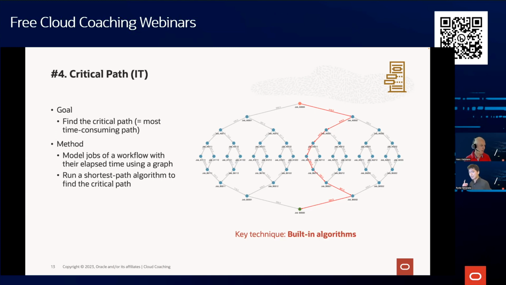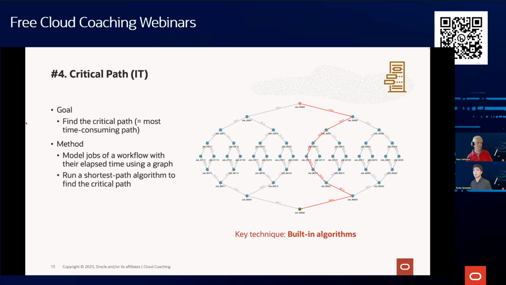Well, imagine that you have a large job network, and the workflow has to be completed in the nighttime job batch. In that case, you have limited time, and you always have to be careful about the longest path, the most time-consuming path, when the data size is getting larger.